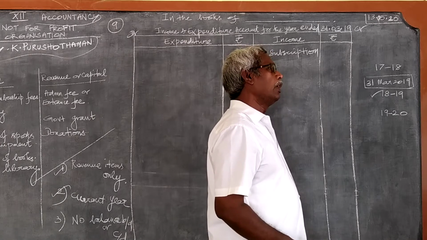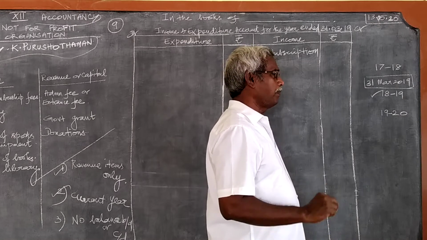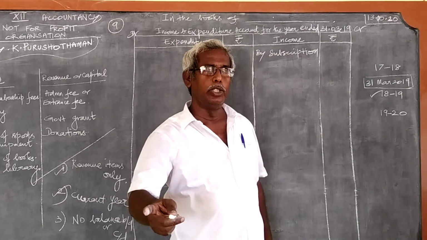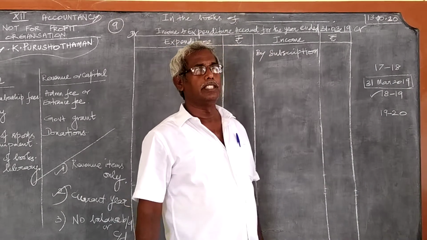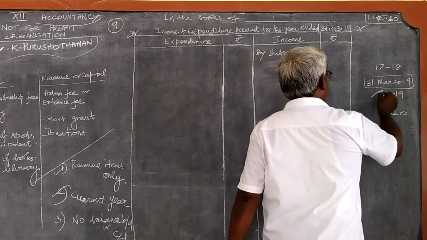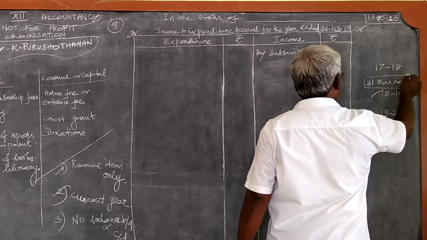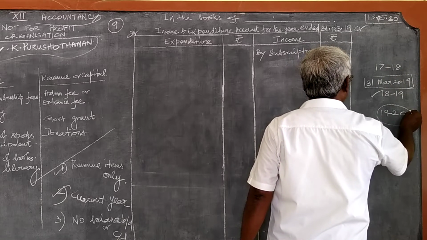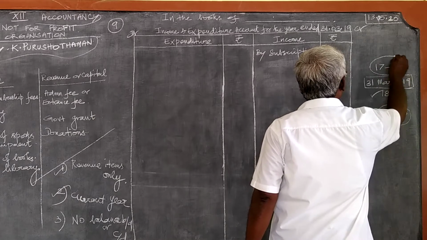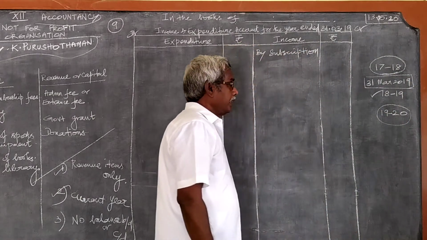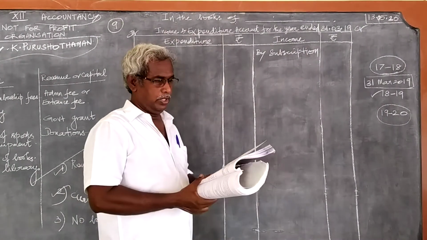So, you should have started in April 18, from April 18 to March 19. So, 1819 is the accounting year. The previous year is 1718 and the future year is 1920. So, this we don't consider for the preparation of the income and expenditure account.